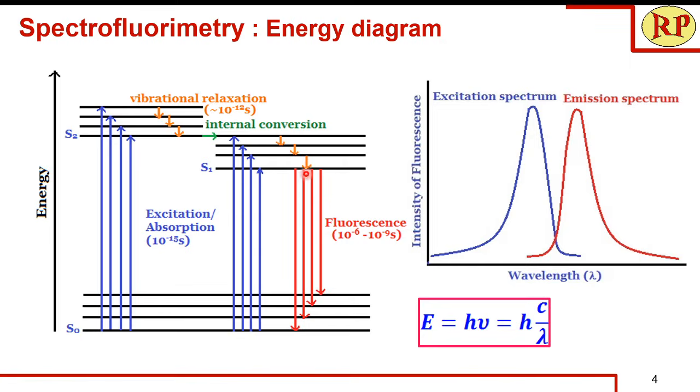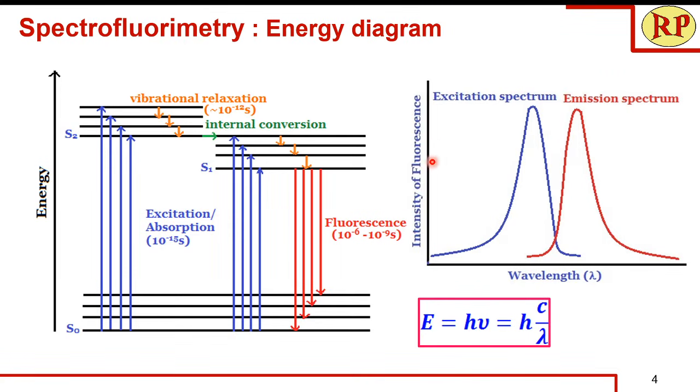Once it reaches the lowest vibrational level of the excited state, it undergoes fluorescence by emitting light. Here, it can come back to any of the vibrational levels of S0. It is not coming to the lowest vibrational level. It can drop down to any of the levels.